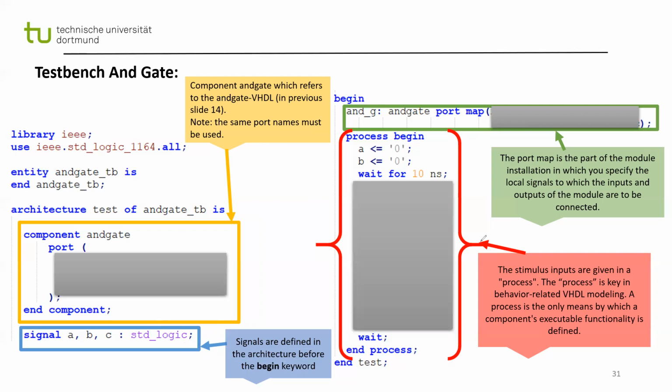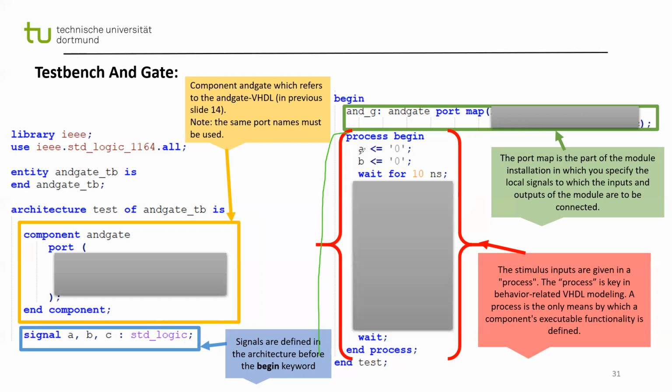The stimulus inputs are given inside of a process, and the process is key in behavior-related VHDL models. A process is the only means by which the component's executable functionality is defined.